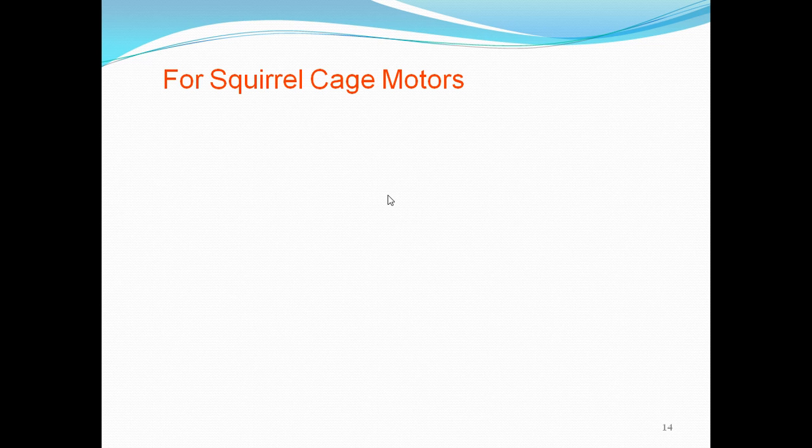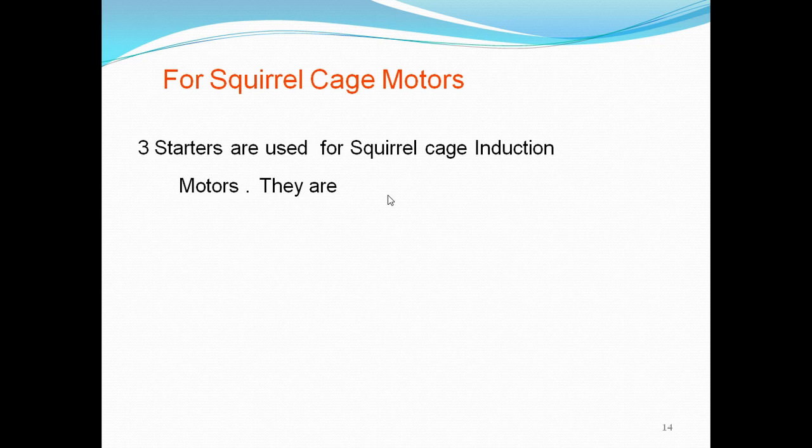For a squirrel cage motor, we have four starters in total. These three are used for the squirrel cage rotor, and this starter is not used for the squirrel cage rotor.